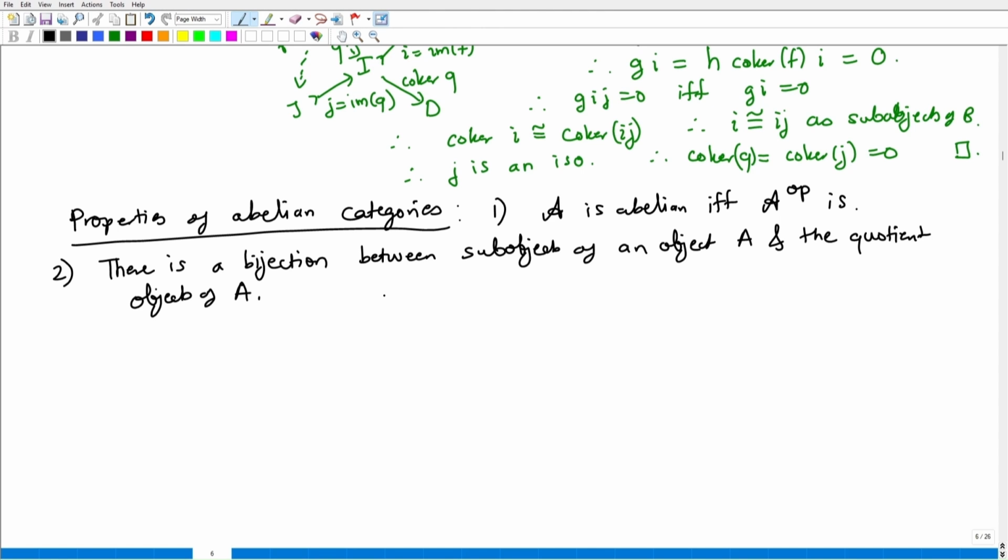What is this bijection? It is given by, I'm just going to write Sub of A. Correct. So quotients of A. So this is co-kernel and this is kernel. Okay.